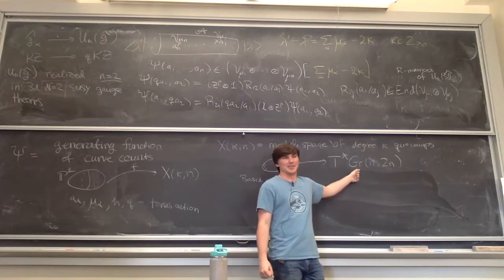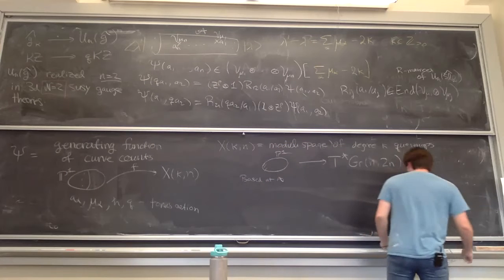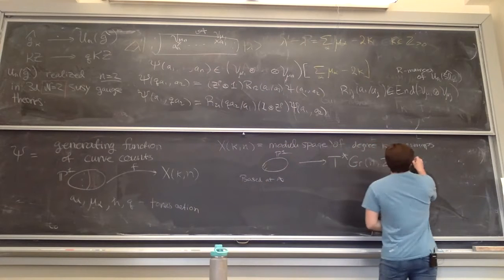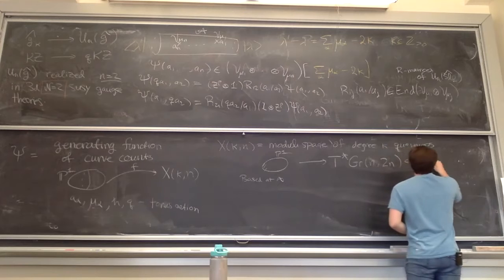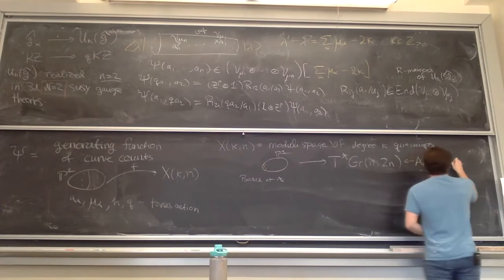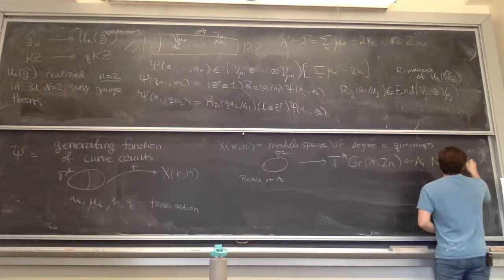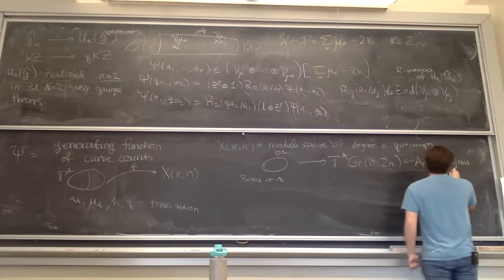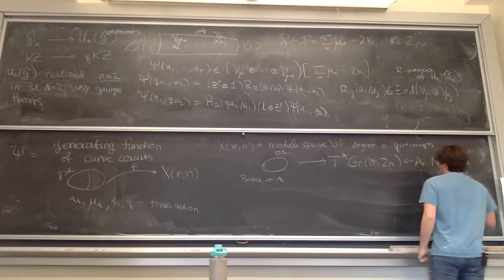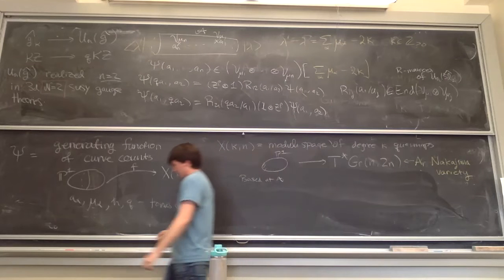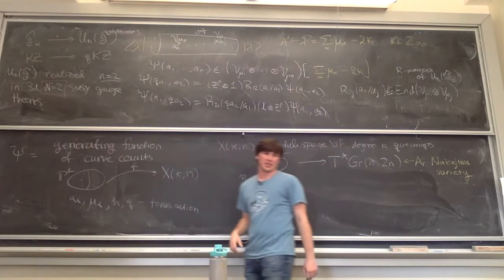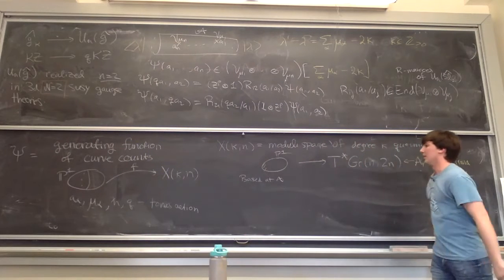They're all going to land in the Grassmannian. But the reason I write this is because I want to think of this as an A1 Nakajima variety. So everything I'm going to say today will be for A1, but there's some generalization that should work if you replace this by ADE.